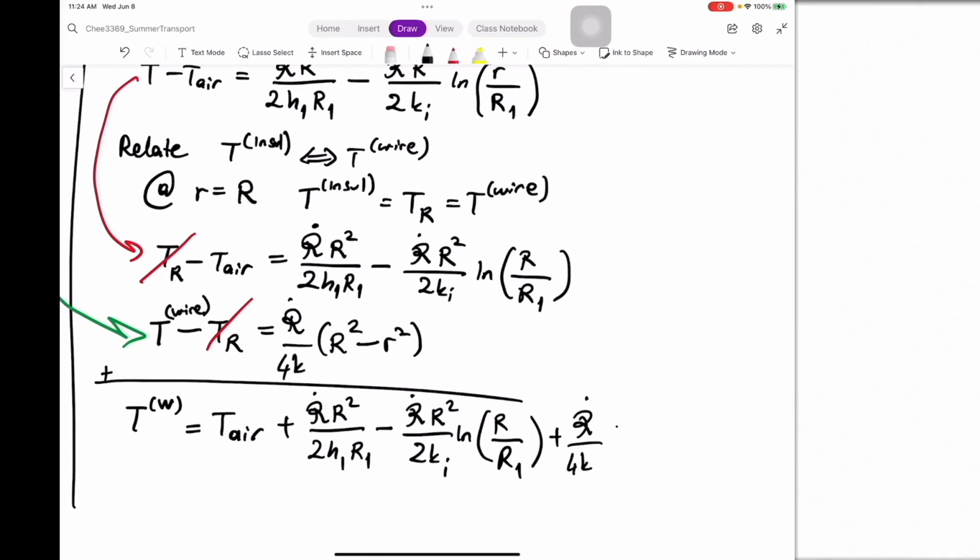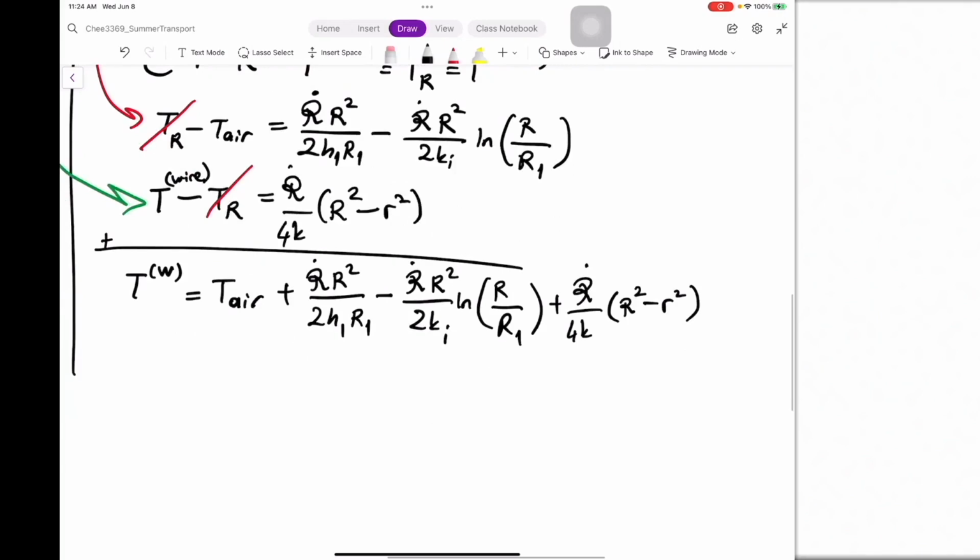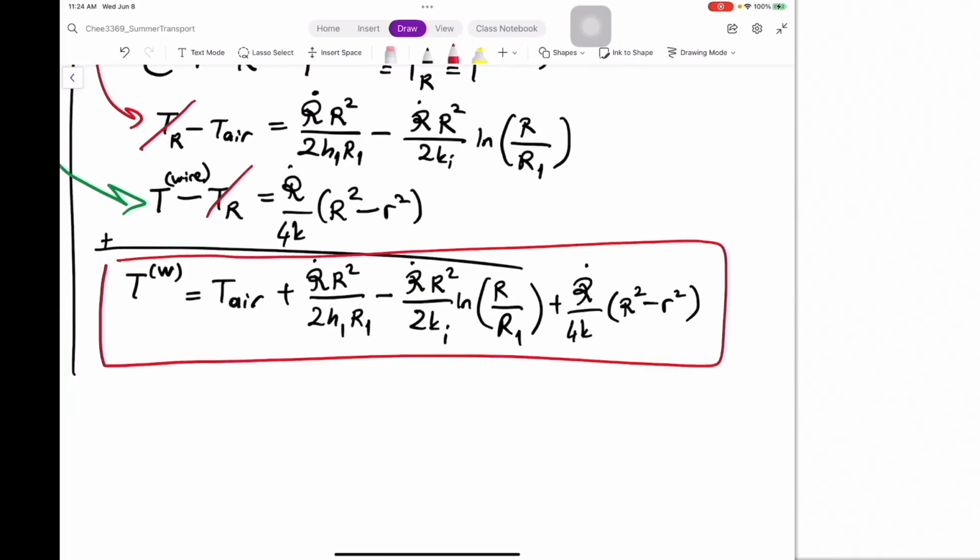Yeah, maybe I can expand it, or you might actually want to just keep it as this. Okay, so that's it. That's the temperature distribution of the wire.